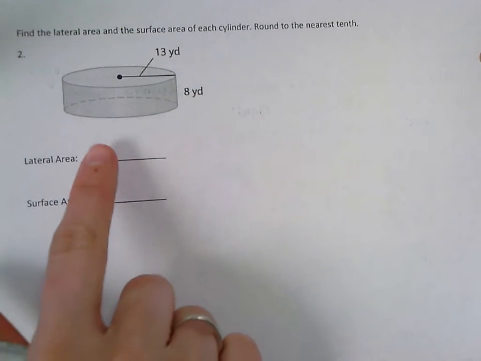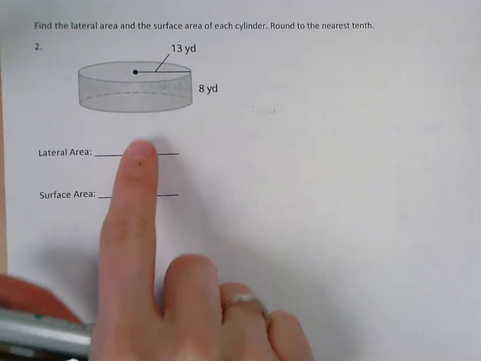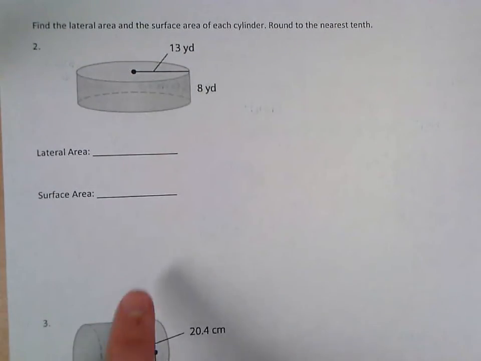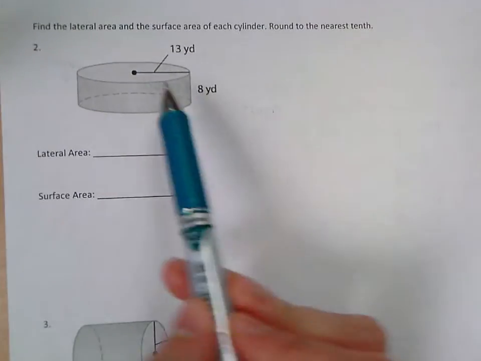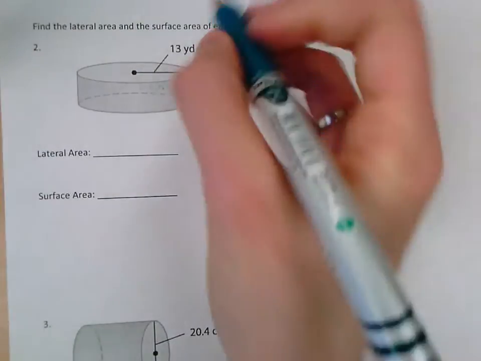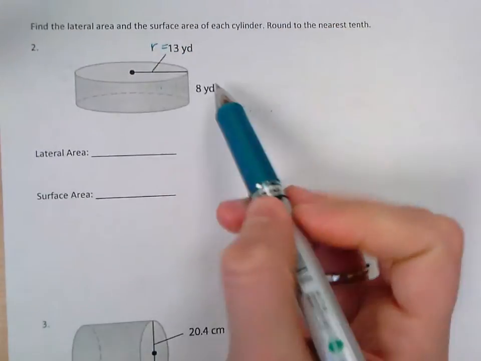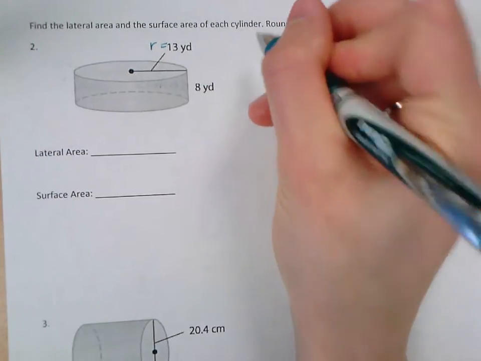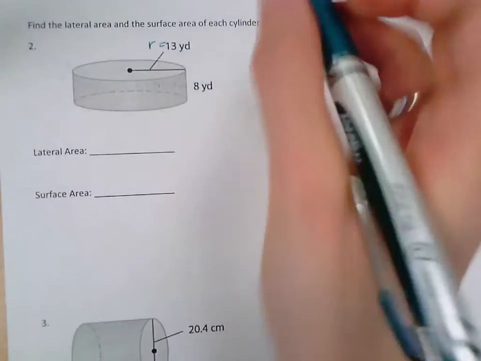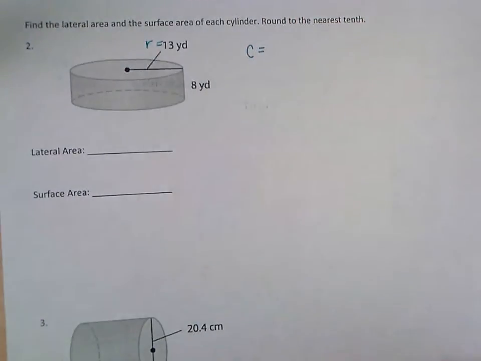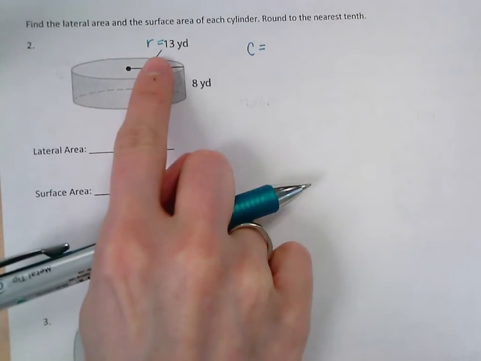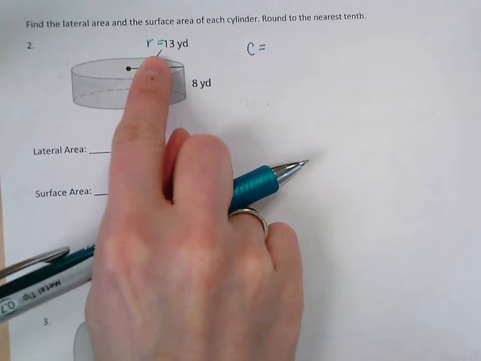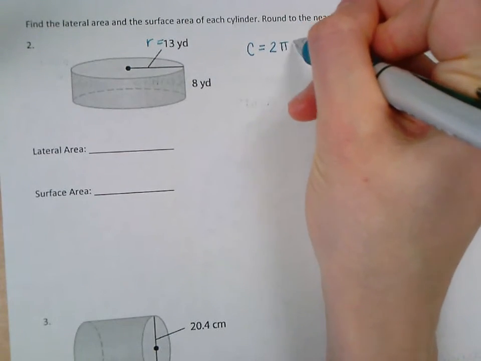Now, these ones do ask you separately for lateral and surface area, so you'll have a rounded answer for both. It does say to round to the nearest tenth. So we have the radius is 13, that's r, and then our height is 8. So again, I need the perimeter of a base, so that's the circumference, which this would be 2 times pi times r, so 2 pi times 13.